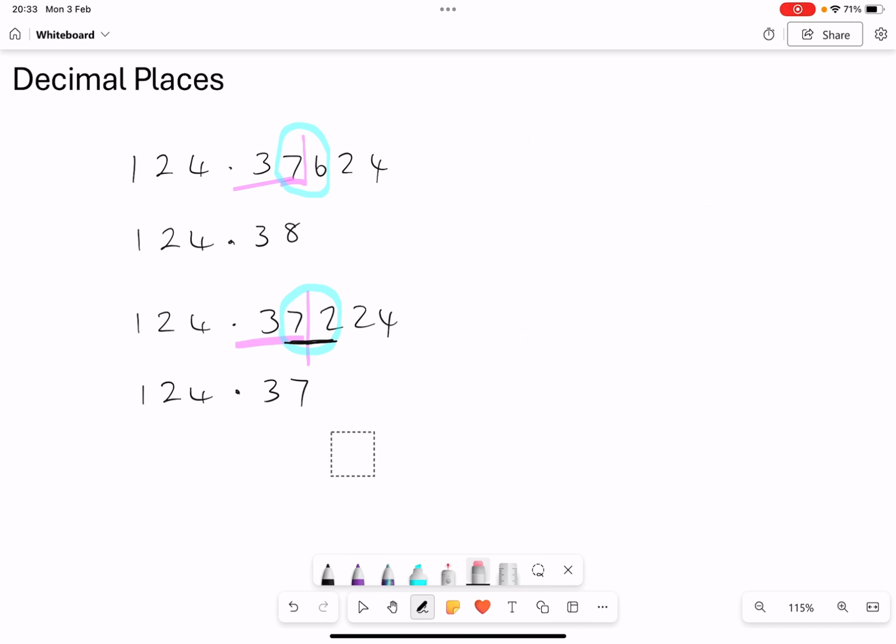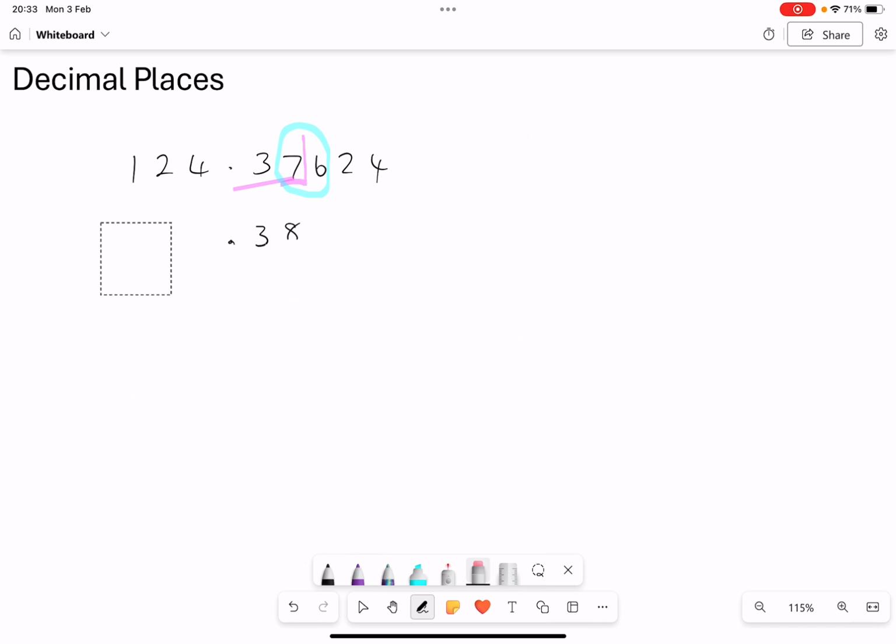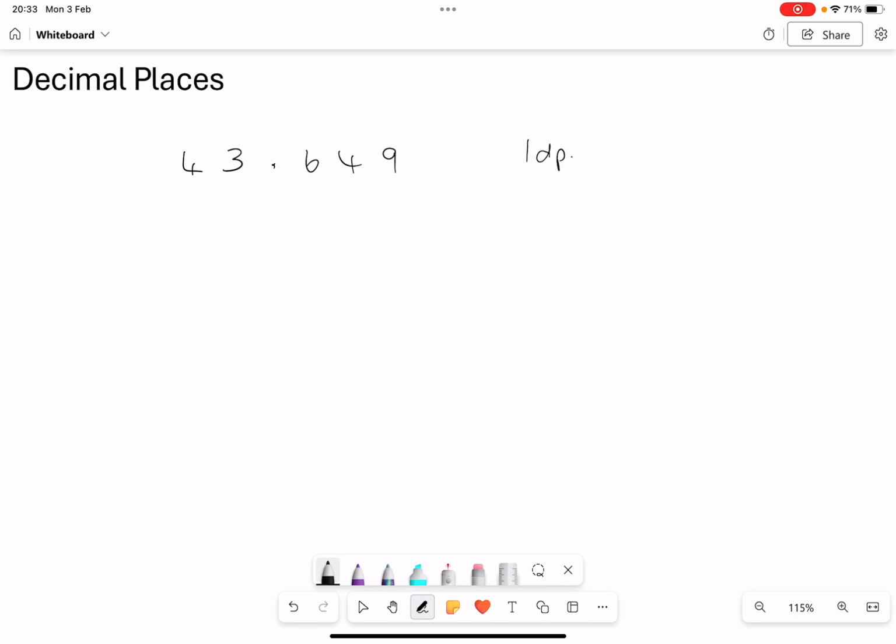Let's have a look at 1 decimal place then. So I'm going to have 43.649, and I want to round that number to 1 decimal place. So this means my decimal, 1 number, and then I have a cut off.